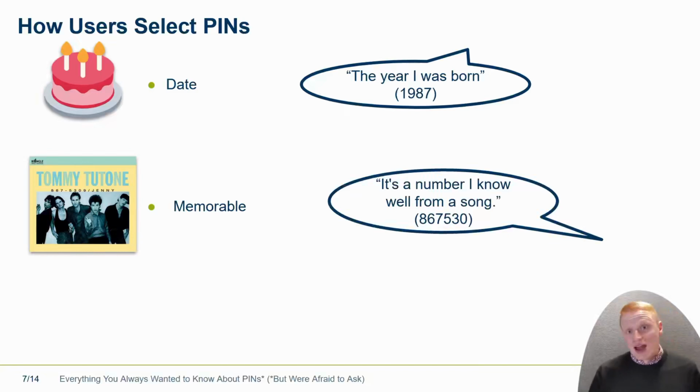I looked it up because I had no connection to that song whatsoever, and the first hit was Tommy Tutone, and the song was 867-5309, Jenny. Tommy Tutone sing about this very number in their chorus all over the place. So that's a song from the 80s, and this participant could still remember this phone number, so the participant based the pin on this phone number.